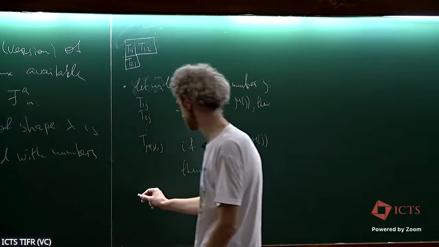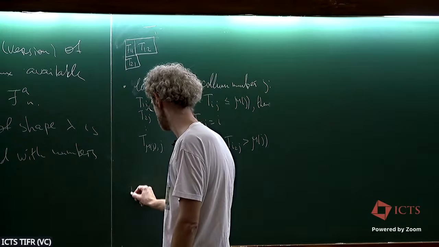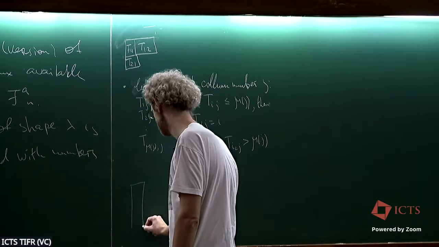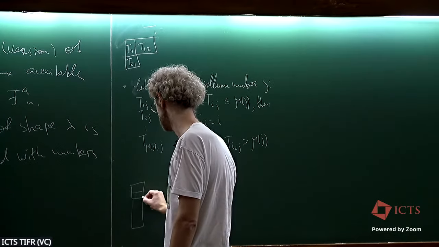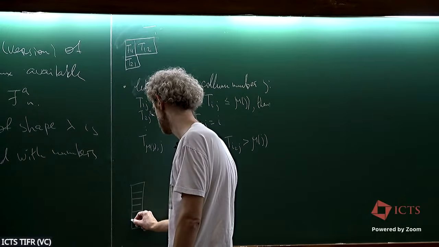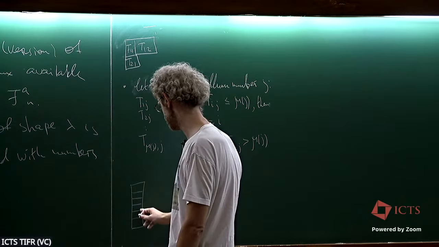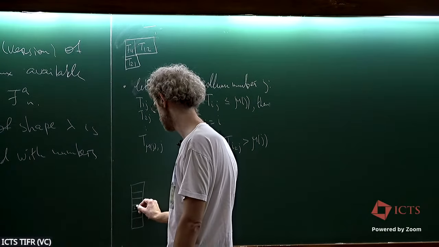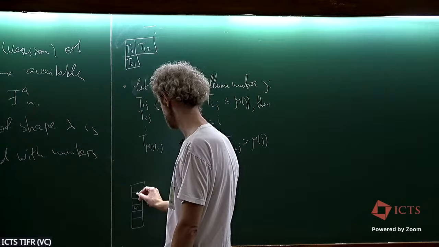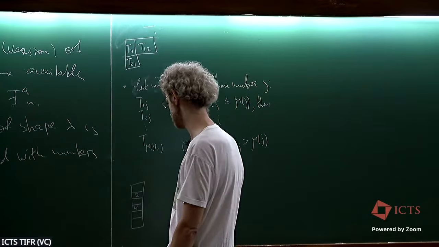So say if I have a column of height 6, 1, 2, 3, 4, 5, 6. Then, for example, the number 4 can be found only here, and the number 2 can be found only here.